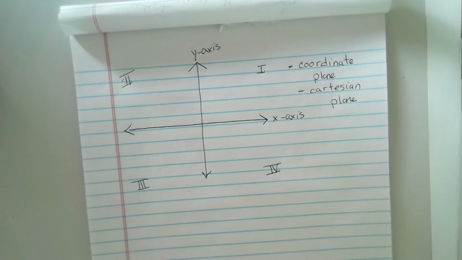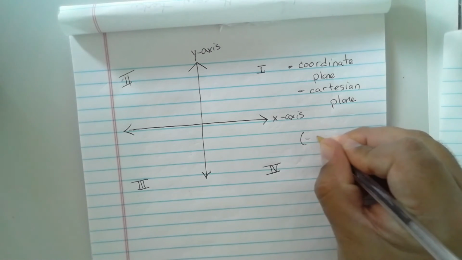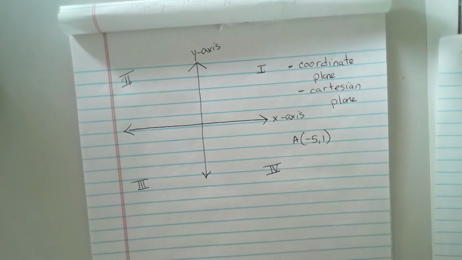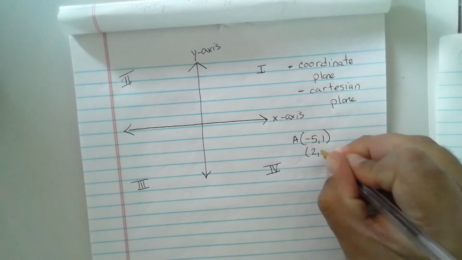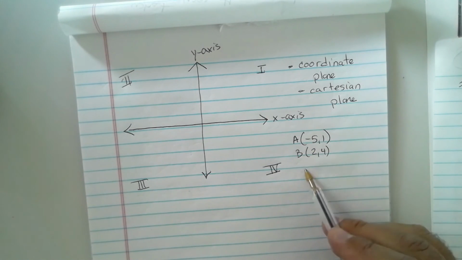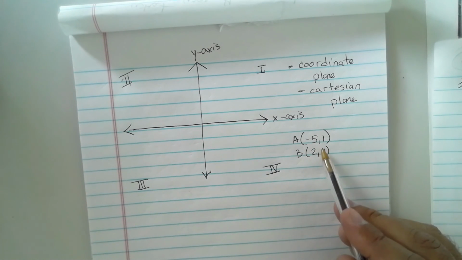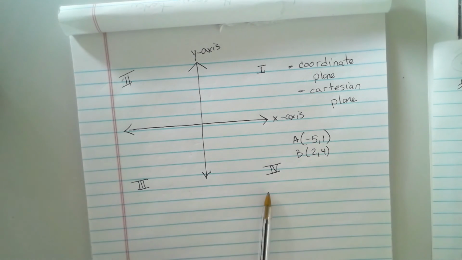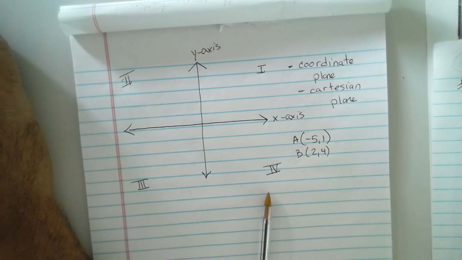For instance, I gave you this coordinate here, -5, 1. That's one of the coordinates. It's called coordinate A, and 2, 4 is coordinate B. And we want to find the distance between those two coordinates. So I'm going to try my very best to graph this here to see what it gives me. Let's take a look at this.